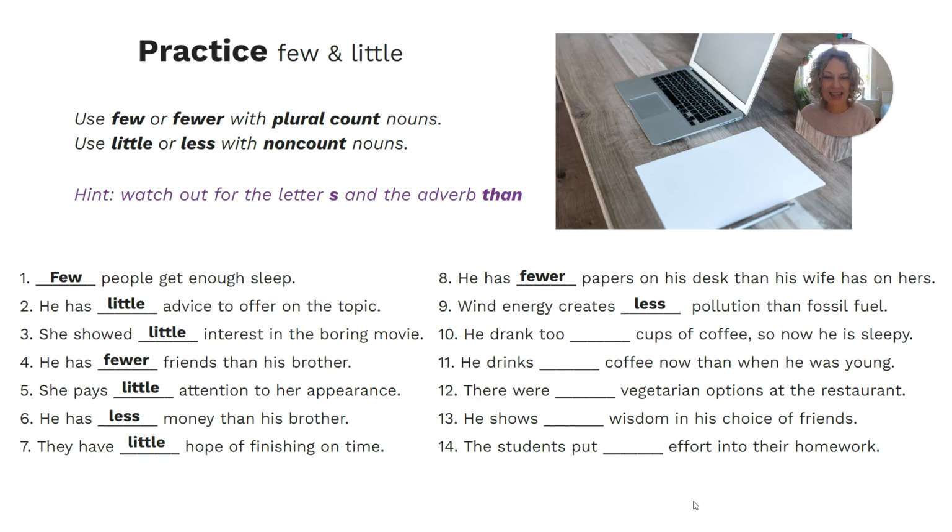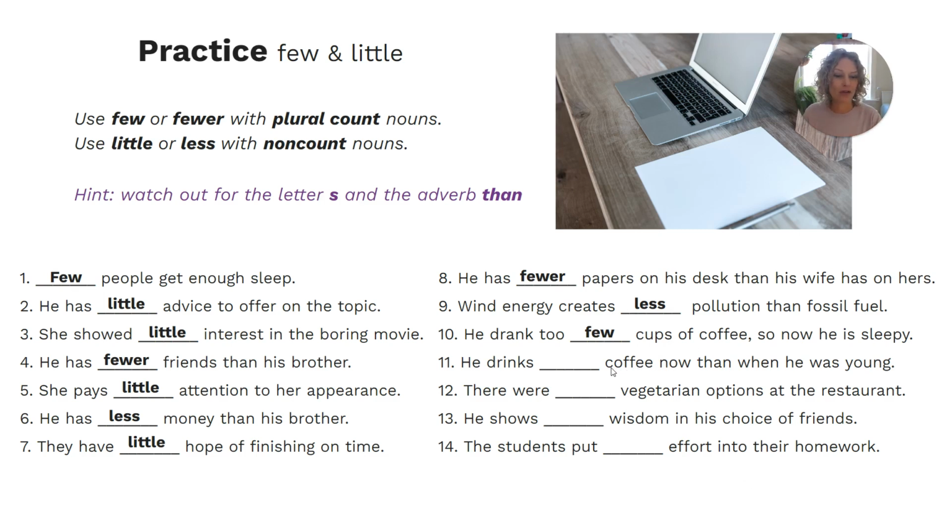Number 10, he drank two blank cups of coffee, so now he is sleepy. So cups is plural, so we need few. He drank two few cups of coffee. Number 11, he drinks blank coffee now than when he was young. So we're comparing when he was young with the time now, two different time periods.